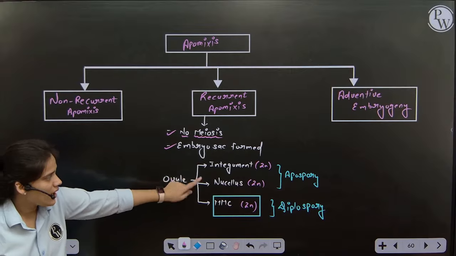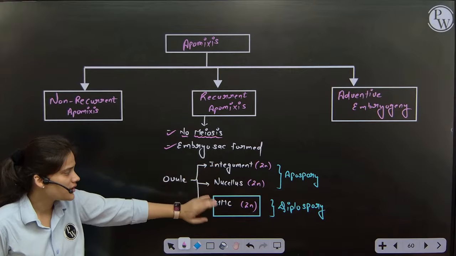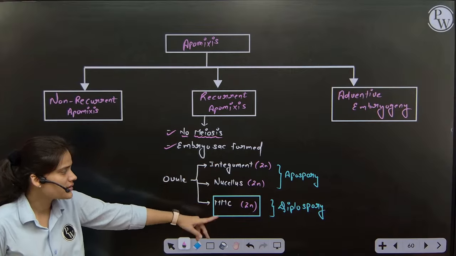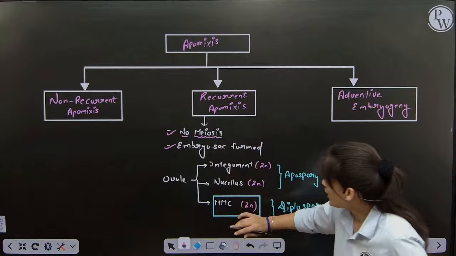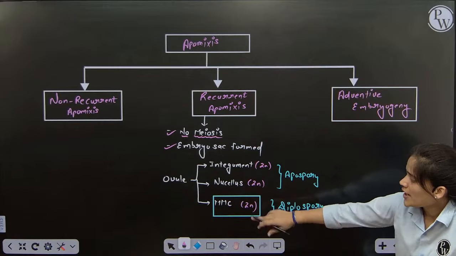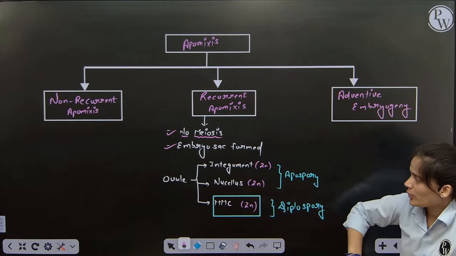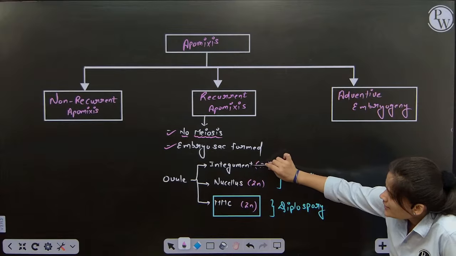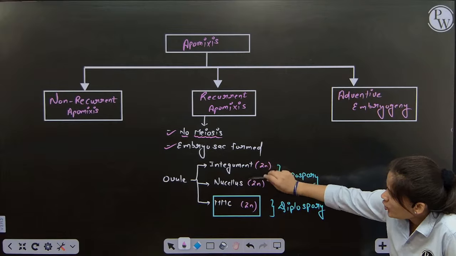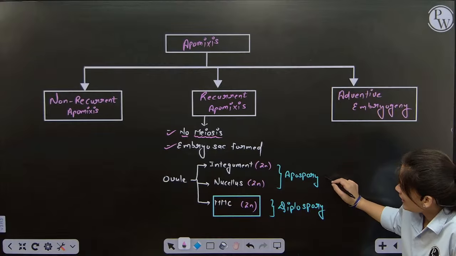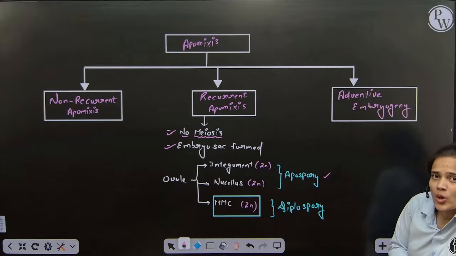Ovule has three parts: integument, nucellus, and megaspore mother cell. Inside it, these three parts are present. Integument is diploid, nucellus is also diploid, and megaspore mother cell is also diploid. When the integument and nucellus form the embryo sac, that condition is known as apospory.